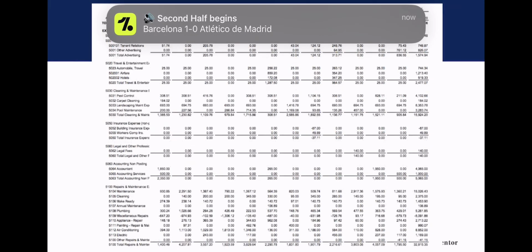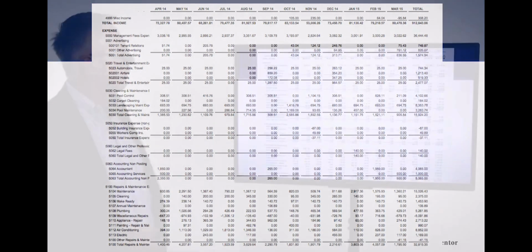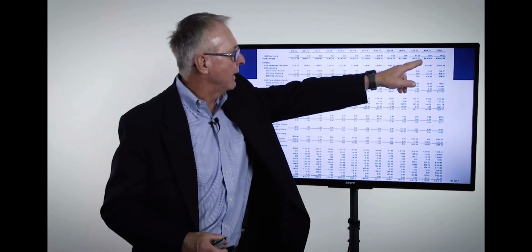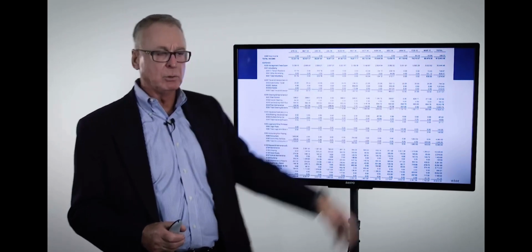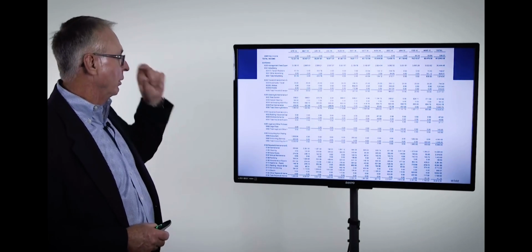And then over here on the top of the second page, unfortunately it's spilled over, we have our total income every month. And then we have a total for the year out here. So when we do our underwriting, as I had mentioned earlier, you want to take these last 3 months of income and you want to project it forward. That's how you want to do your underwriting on the income.